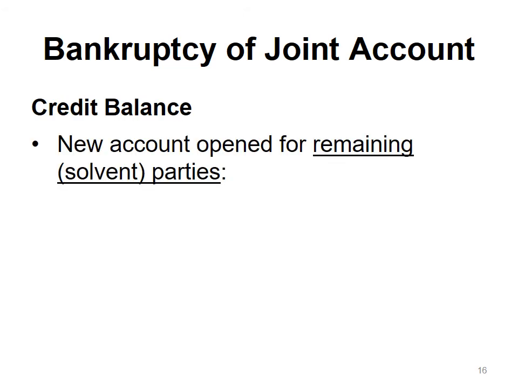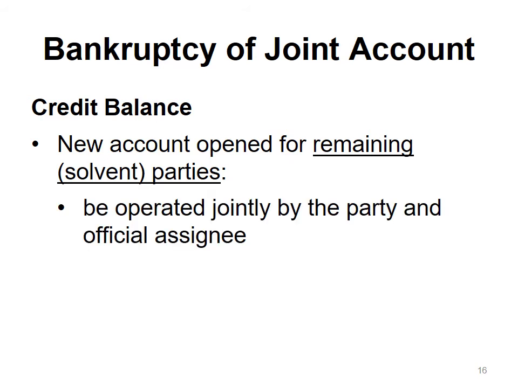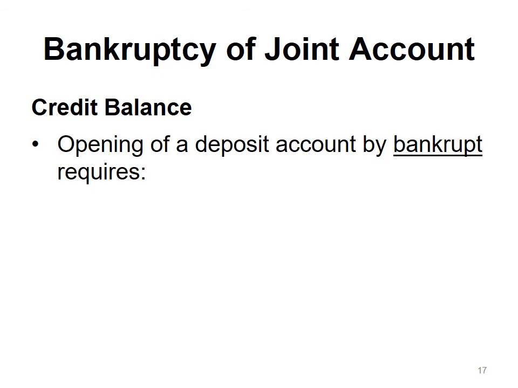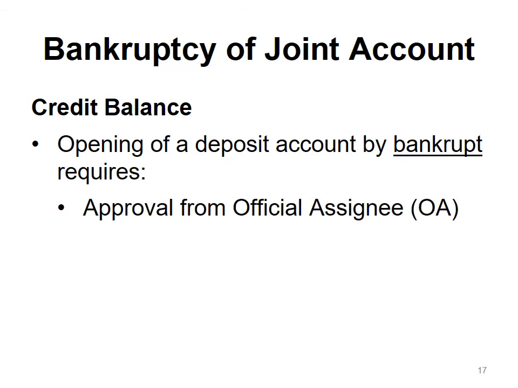For the credit balance here, new accounts opened for remaining solvent parties are operated jointly by the party and the official assignee. The opening of a deposit account by a bankrupt requires approval from the official assignee.